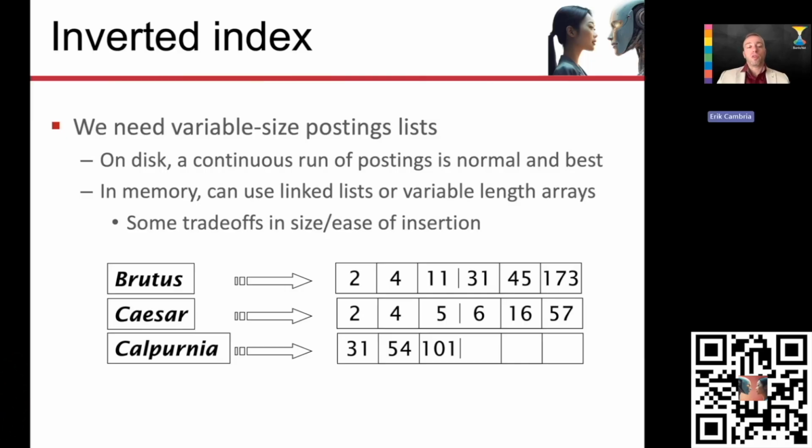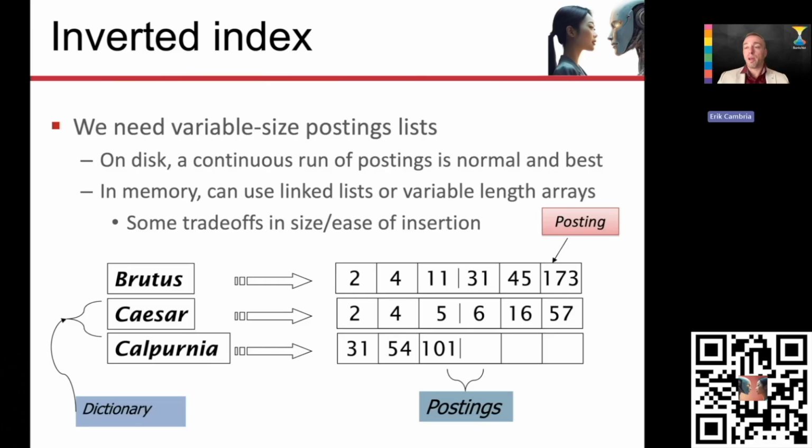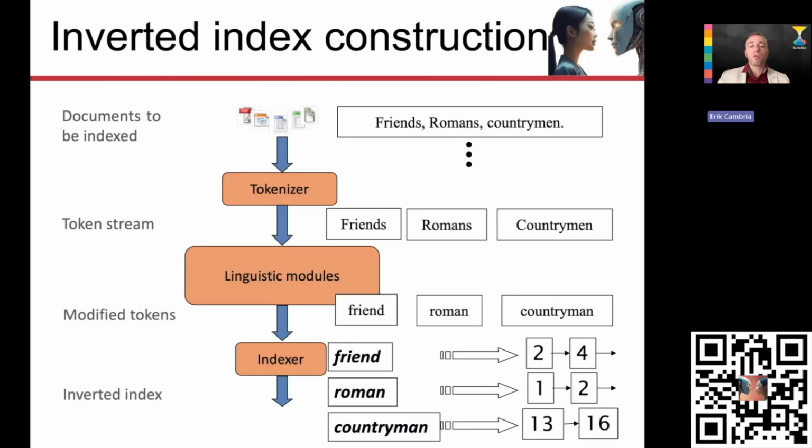But this is where we're at now. We have our dictionary, our list of words, and then we have the postings that represent where these words appear in my collection of documents. The ways we build this dictionary can be more or less sophisticated.